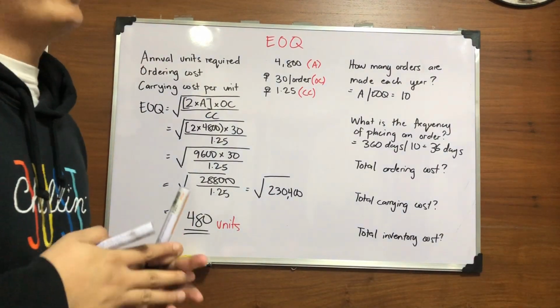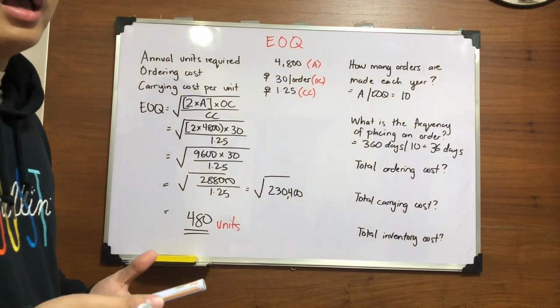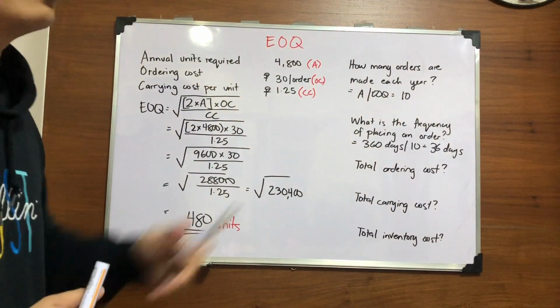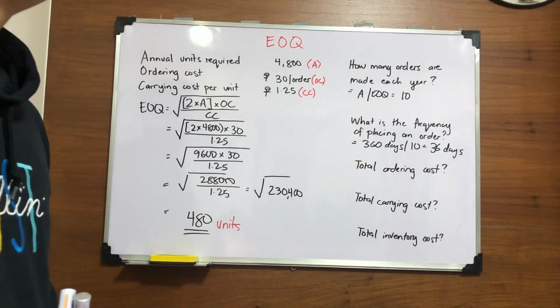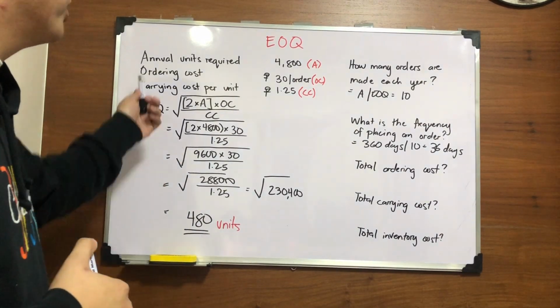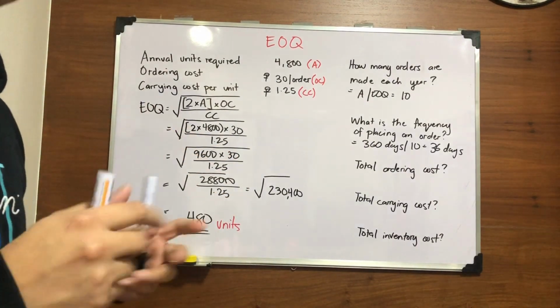So, whatever the annual units required is, let's say this is just 100 units, or let's say 1 million units, the factor here is the ordering cost, which is a straight line payment. Okay, this is a one-time cost.